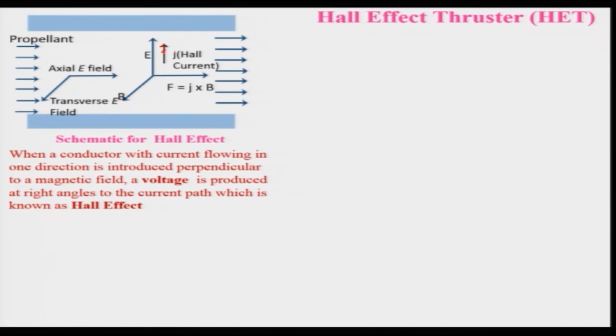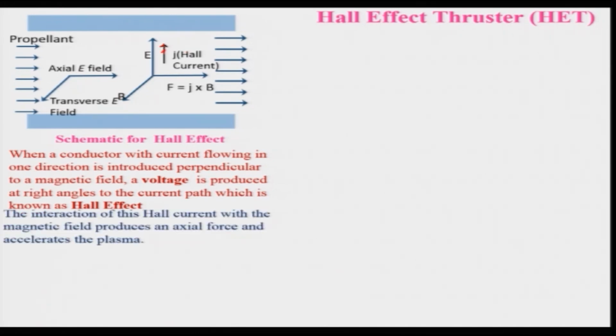So, this is your Hall current jet, and this Hall effect is being utilized to accelerate the propellant. And this interaction of the Hall current with the magnetic field produces an axial force along this direction, this is your axial direction x, and that accelerates the plasma. This is the basic principle of the Hall effect thruster.